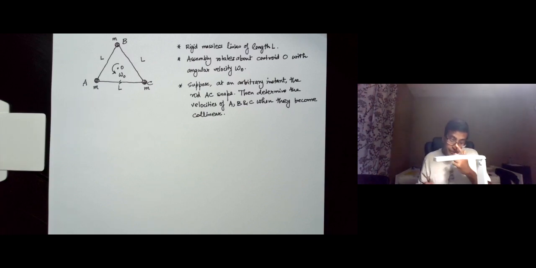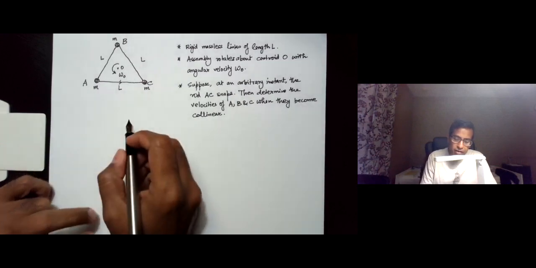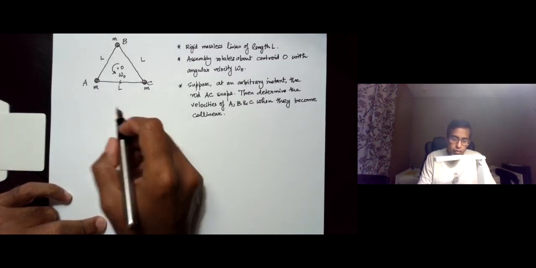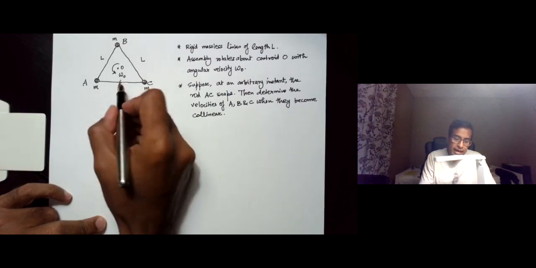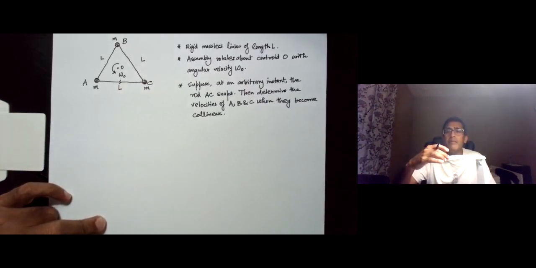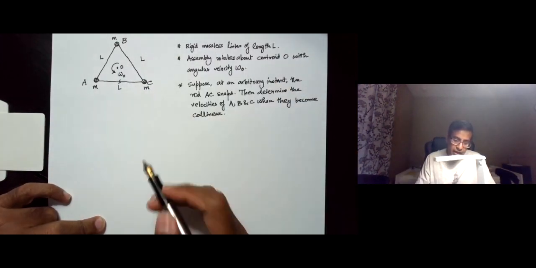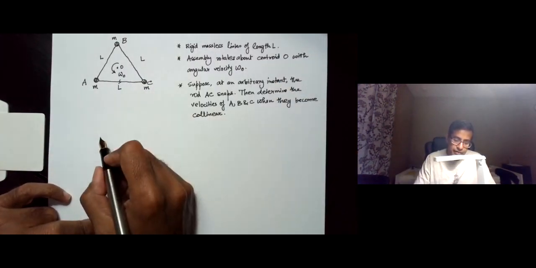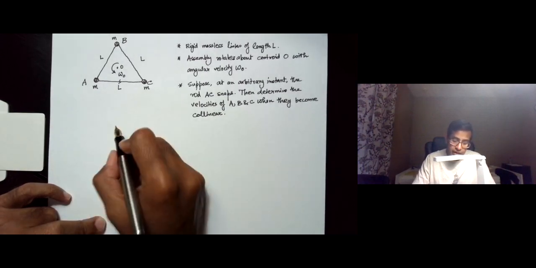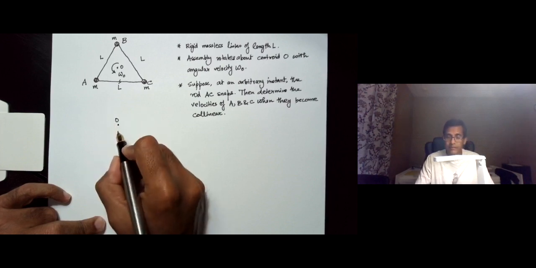So first of all, we understand that as this rod snaps, what is going to happen after some instants later, at the instant when they become collinear. Let's say that here is my point O, which is the center of mass.